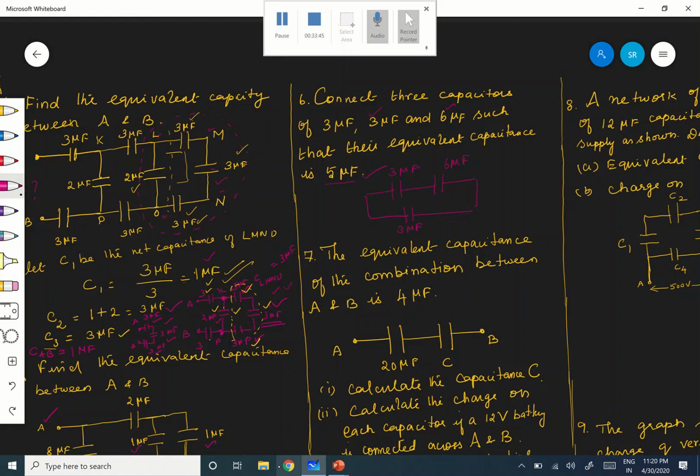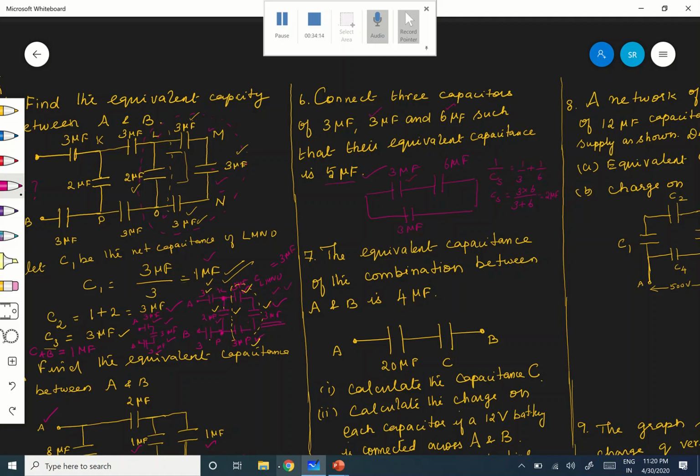In series means, let the series capacitance be CS, 1 by CS is equal to 1 by 3 plus 1 by 6. Therefore, CS is equal to 3 into 6 divided by 3 plus 6. I am doing everything, you see. That is equal to 2, correct? 2 microfarad.